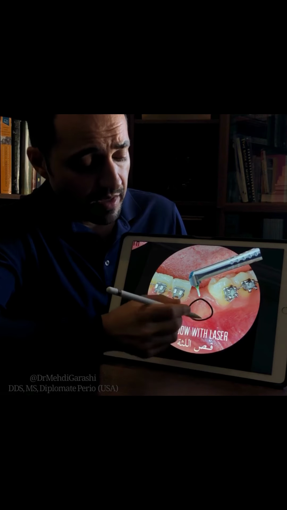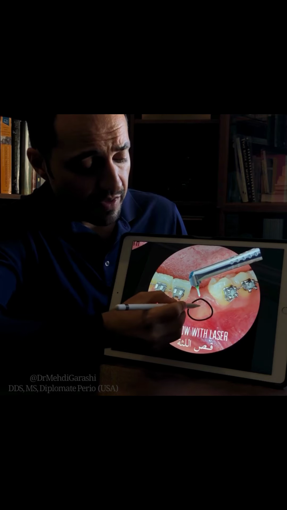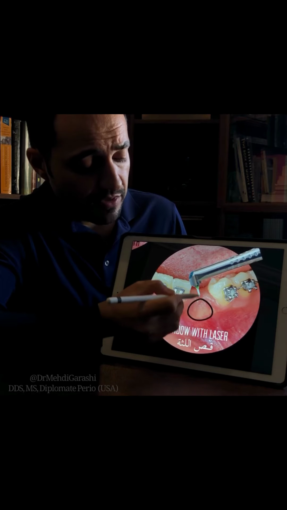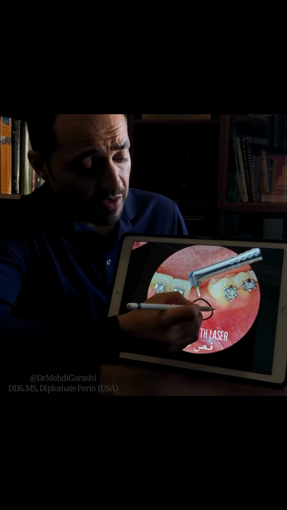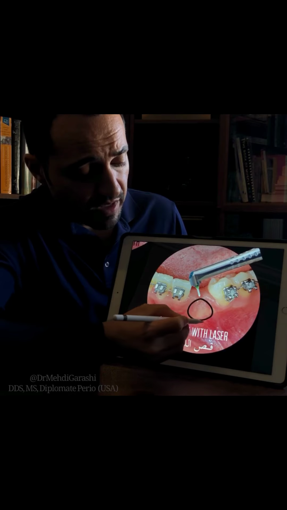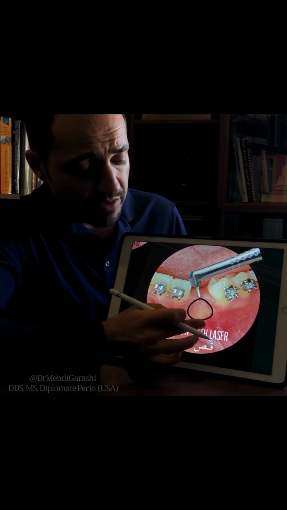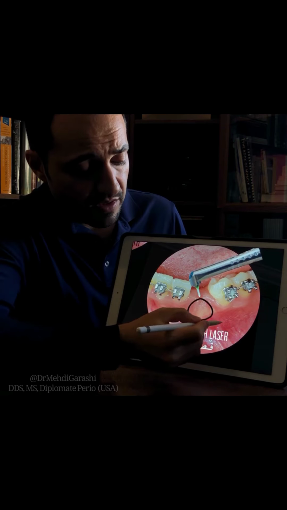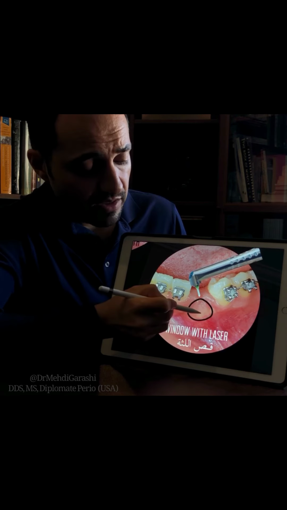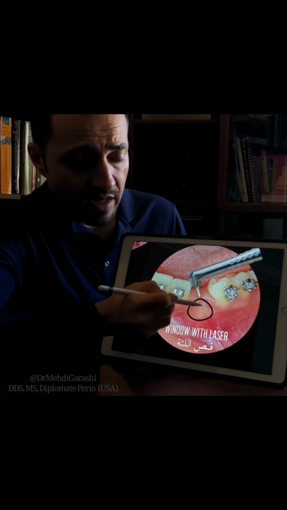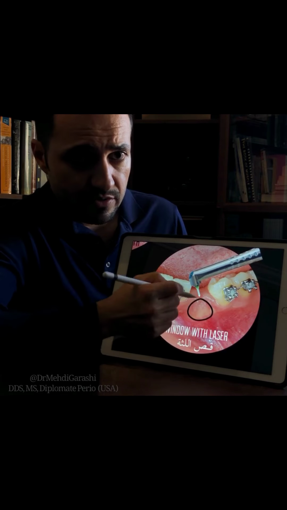The second problem is that after we remove this tissue and the tooth is exposed and the orthodontist comes and places the bracket and the chain and starts to pull up the tooth, the gingival margin that's going to be surrounding the canine is going to be mucosa. So we see this red tissue here, the red mucosa. That's the tissue that's most likely going to follow the canine as it erupts up into the arch.